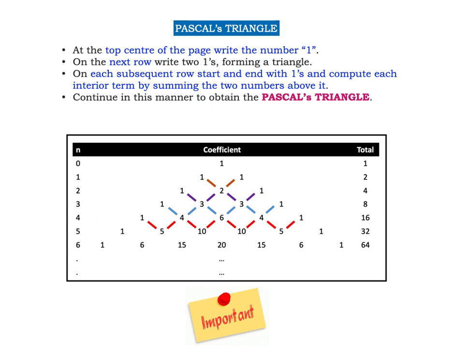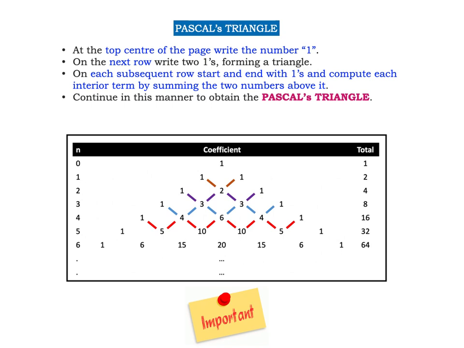For n equal to 2, you observe that the coefficients are 1, 2 and 1, whose total will be 4.